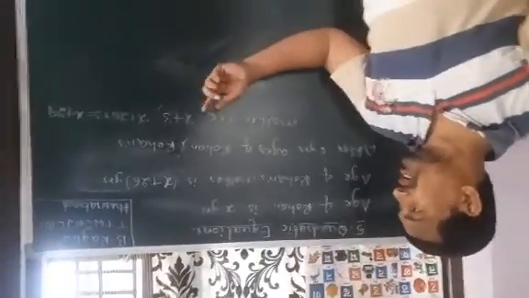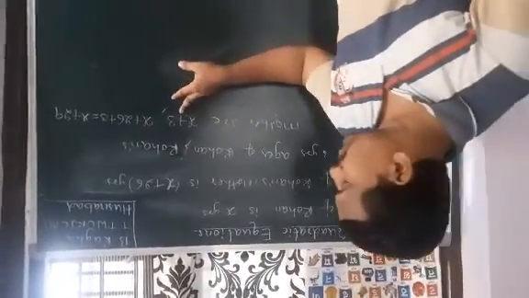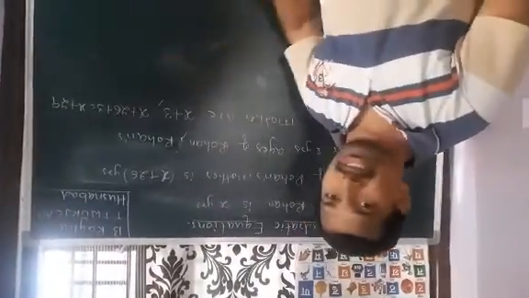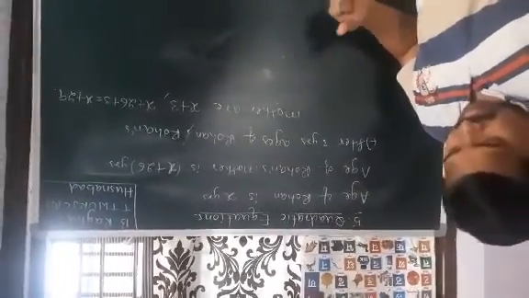Now, after 3 years, their ages are x plus 3 and x plus 29.